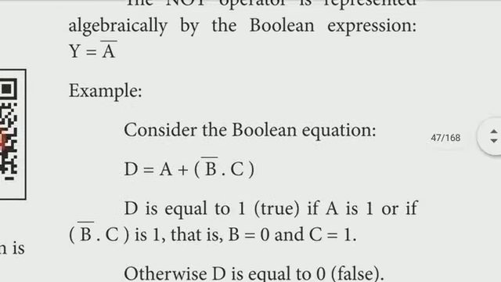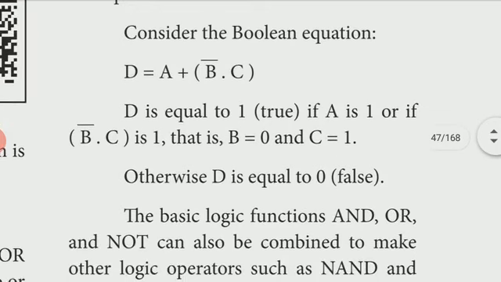Now, just to see, this is the Boolean equation: D equal to A plus B bar dot C. Let us consider this equation. If D is equal to 1, then A is 1.